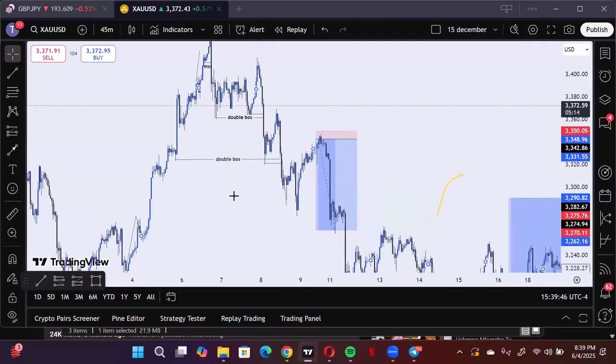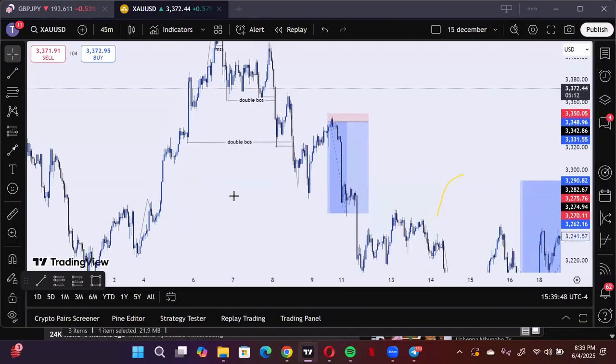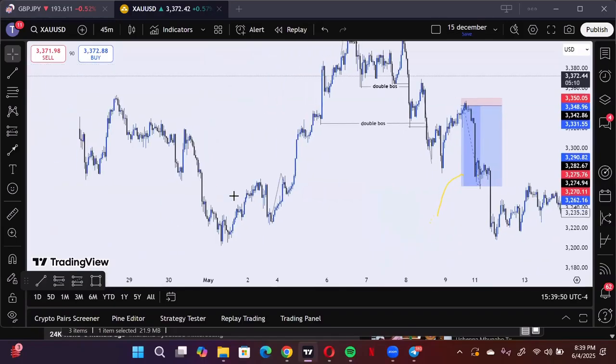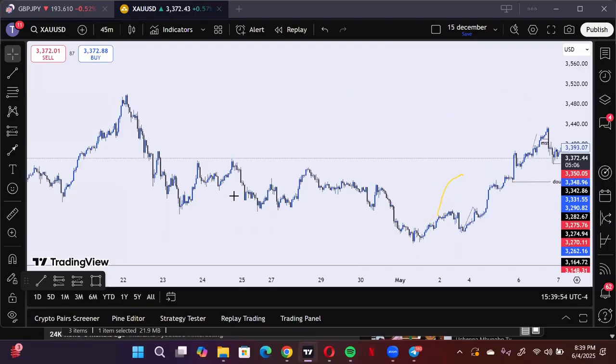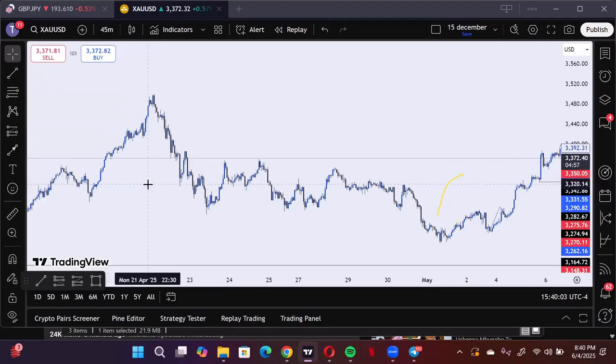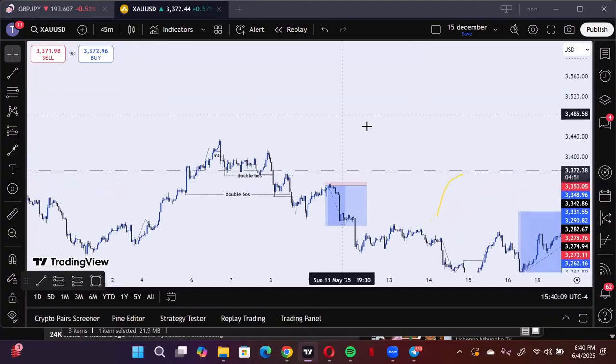A double break of structure is the one that takes out two consecutive zones in the market, not just a single zone. If the market is making, for example, lower highs, lower lows, lower highs, it's not taking out two consecutive zones, then that's just a single break of structure. But when it takes out two consecutive zones, then that's when you can call it a double break of structure.